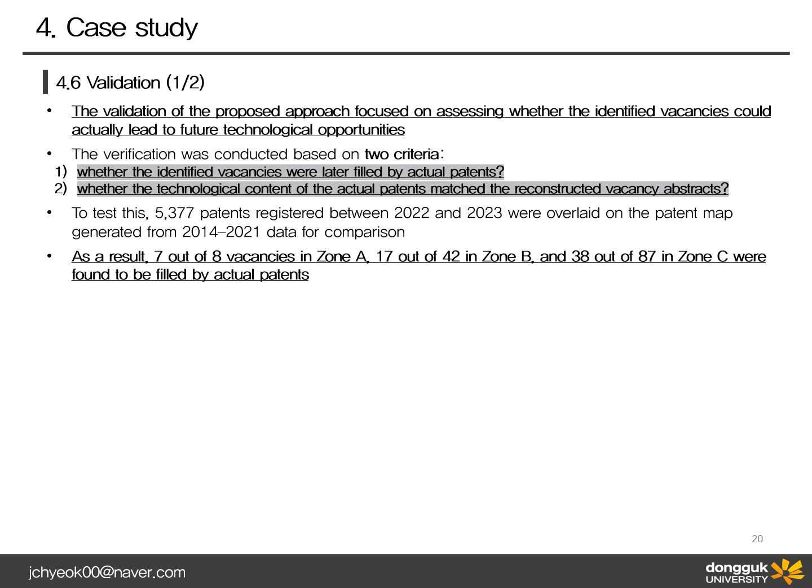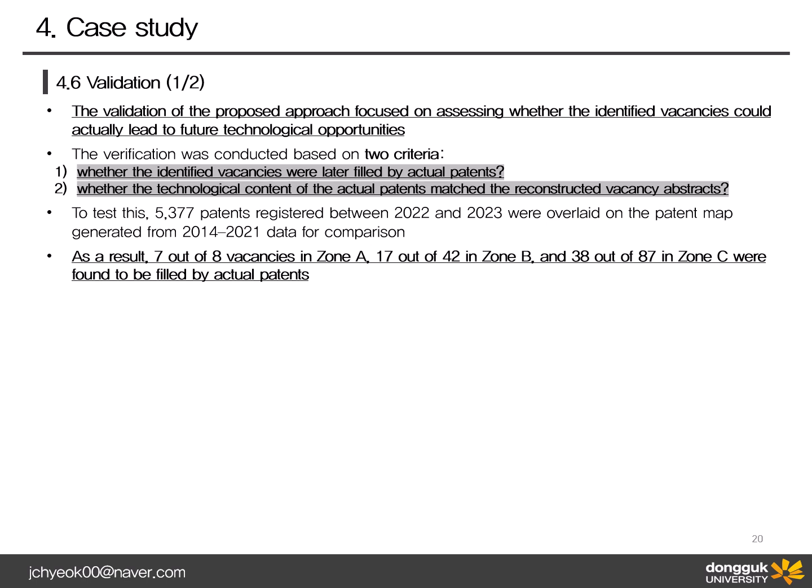An additional validation was conducted to evaluate whether the identified vacancies could actually lead to future technological opportunities. The verification focused on two criteria. 5,377 patents registered between 2022 and 2023 were overlaid onto the patent map constructed from 2014-2021 data for comparison.